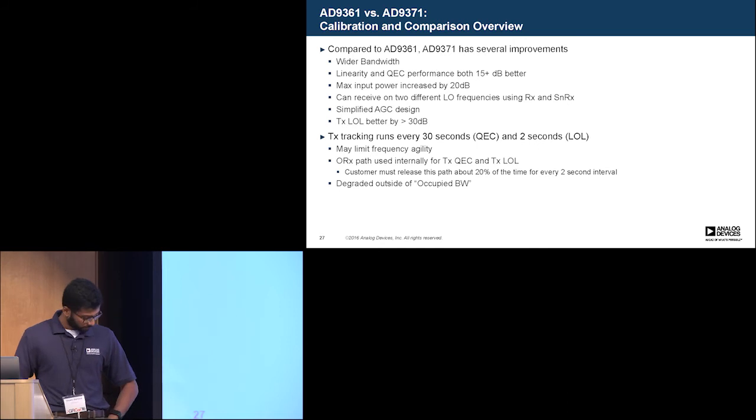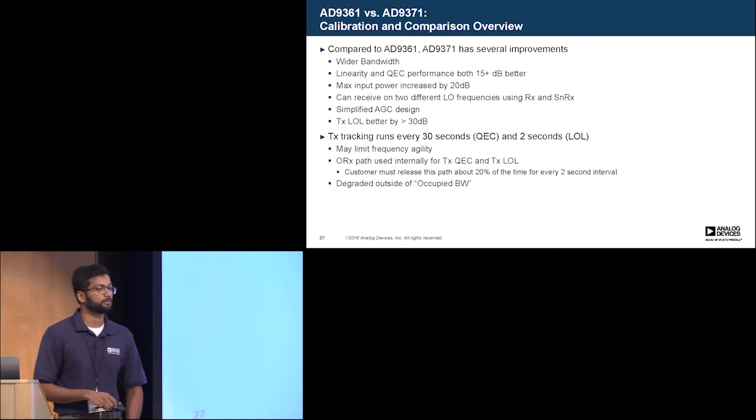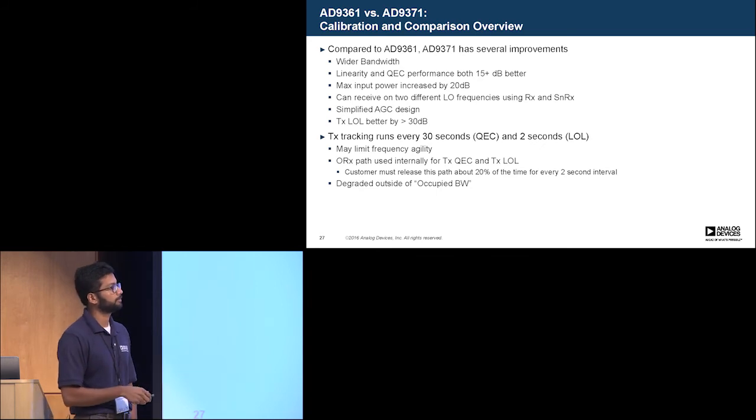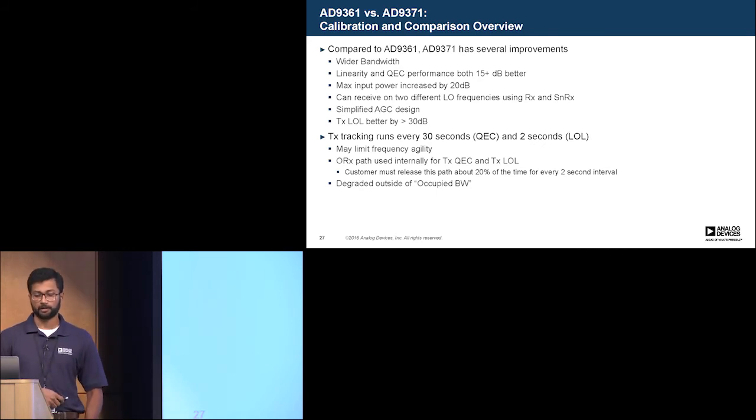So a quick overview of the calibration changes that have happened over the transition from the 6.1 to the 7.1. Clearly, the QEC performance has increased. You have a wider bandwidth that you can play around with. You can receive on the RX or the sniffer, even on the ORX, but with some caveats there.